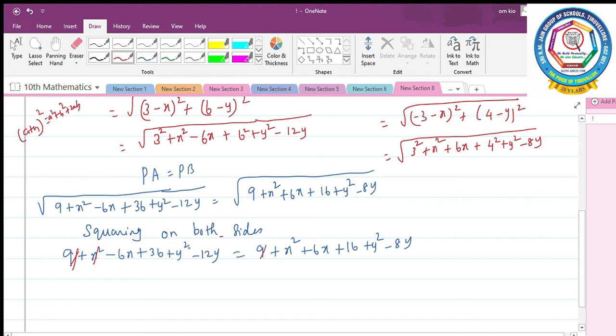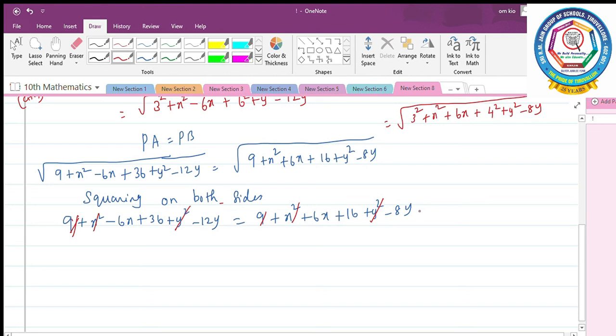Then x square, both are on either side of the equal sign, so you can cancel. Here is minus 6x, here plus 6x, I can't cancel. Next y square I can cancel. Here is 36, here is 16. Next step, minus 12y and minus 8y, I can't cancel this also. So minus 6x plus 36 minus 12y.